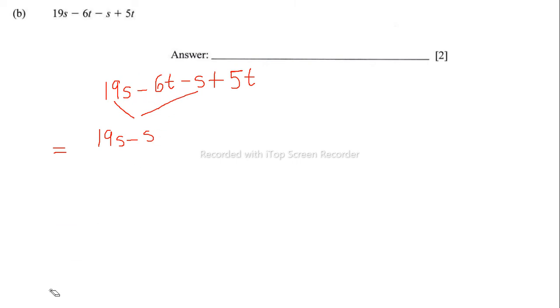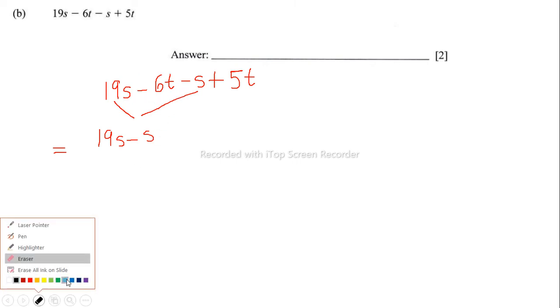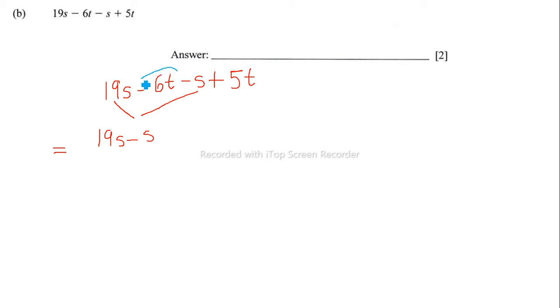I'm taking the whole negative 60, taking the whole thing. And then I'm taking the whole positive 5t, bringing it along with the sign. So positive 5t.